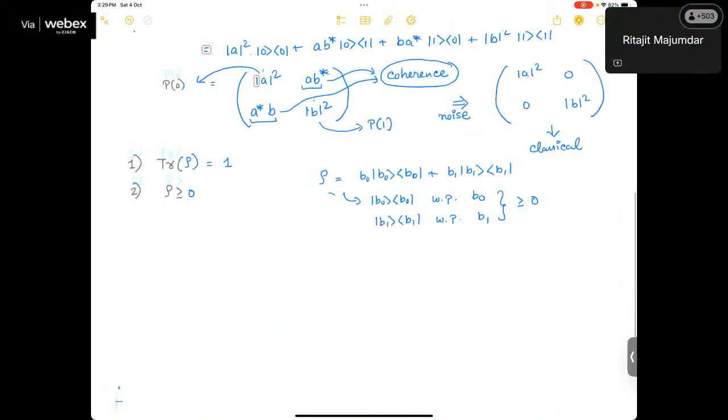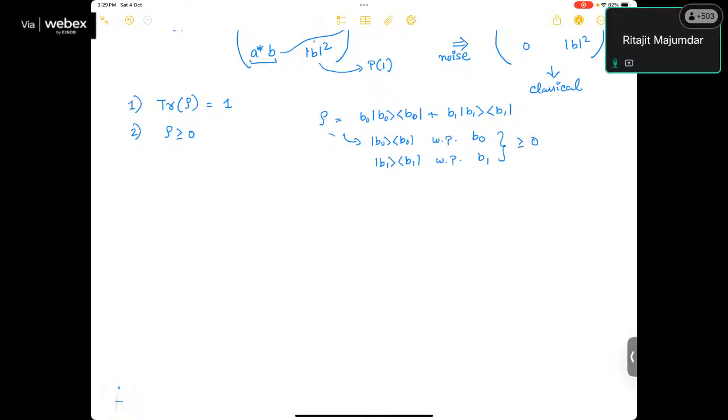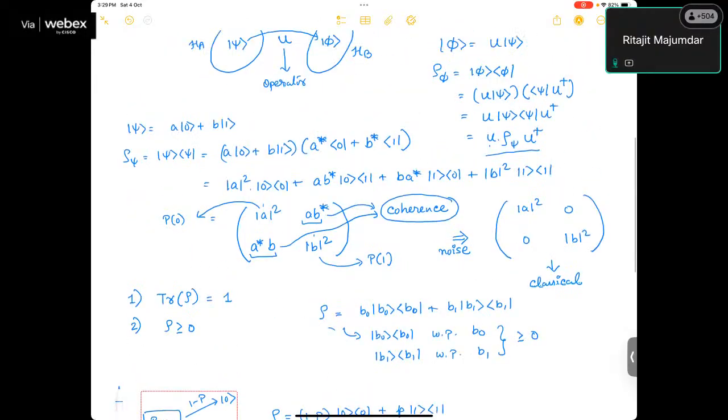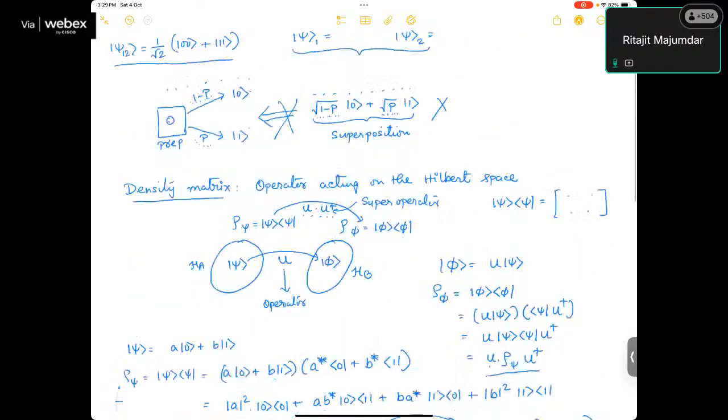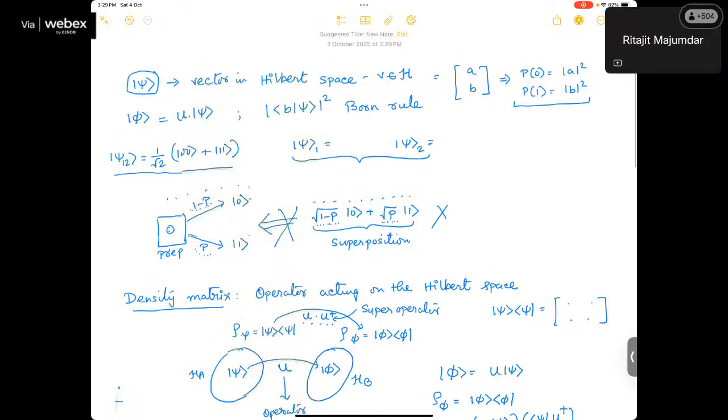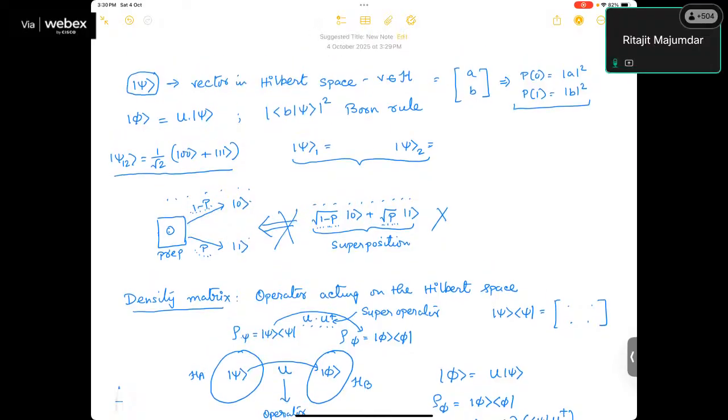So for this kind of scenario, I have a preparation system once more. With probability 1 minus p, it creates the state 0. With probability p, it creates the state 1. I can represent this as rho equals (1 minus p) |0><0| plus p |1><1|. Just to point out explicitly, when we have a state vector, we are in the regime of probability amplitude, and the probability is the square of the amplitude.